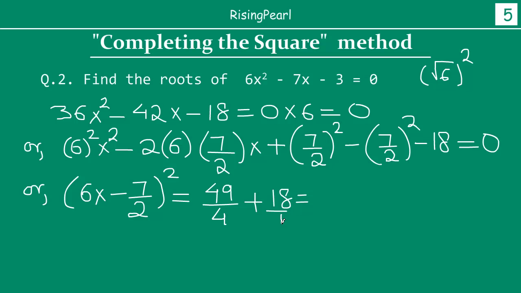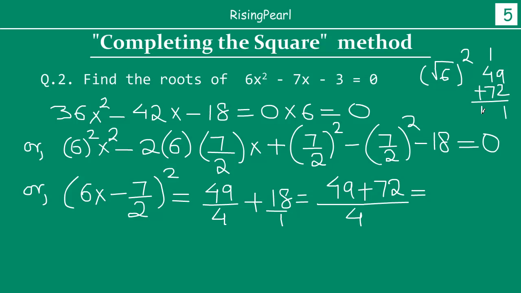So because it is 18 by 1, if we take LCM 4, we will have 49 plus 1 4s are 4, 18 4s are 72. So let's add 49 and 72. If you add them, 9 plus 1 is 11, 1, so 4 7 11 plus 1 is 12, so 1 2 1. So we get 121 by 4.